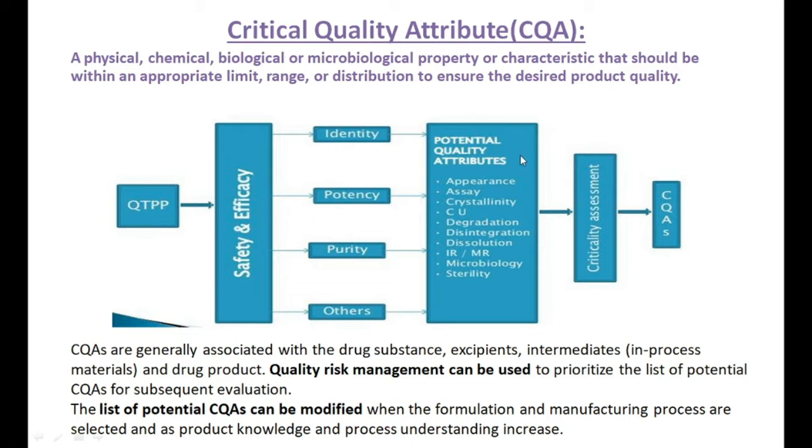If we talk about the immediate release tablet dosage form, then we can say that content uniformity and dissolution are some of the CQAs. The quality risk management process can be utilized to prioritize the list of potential CQAs, and that can be modified also based on increased knowledge of the product and process.